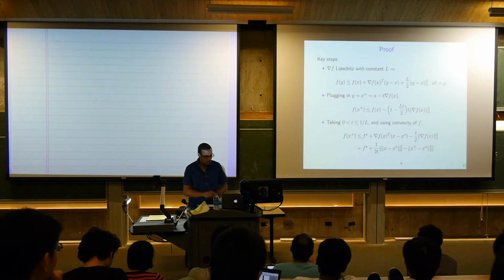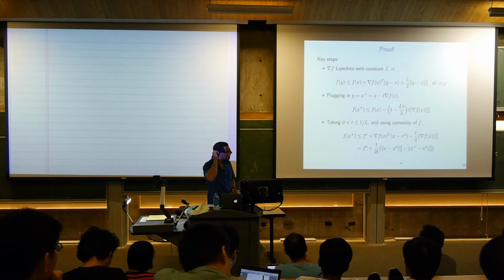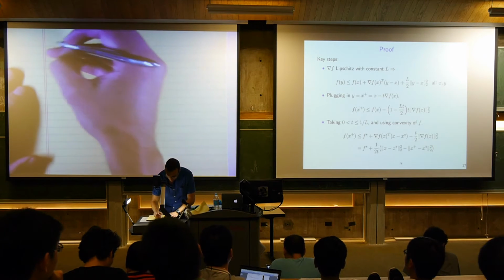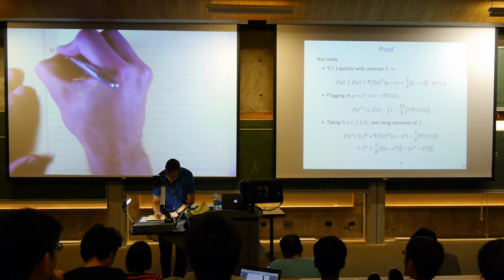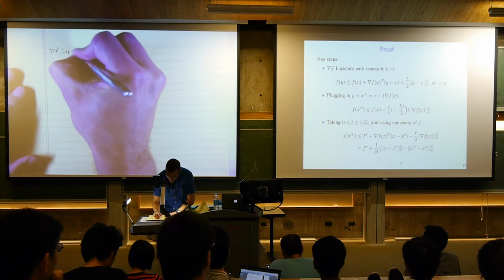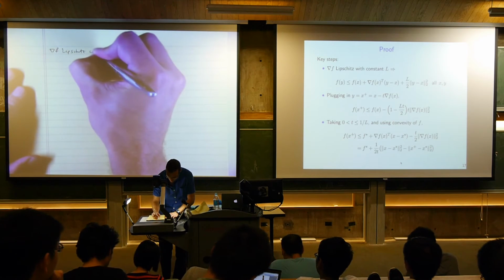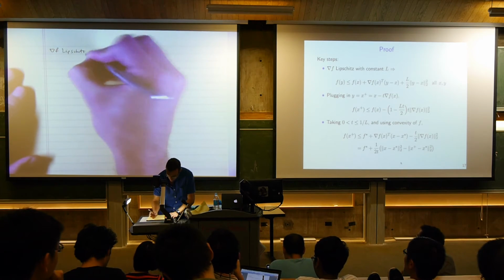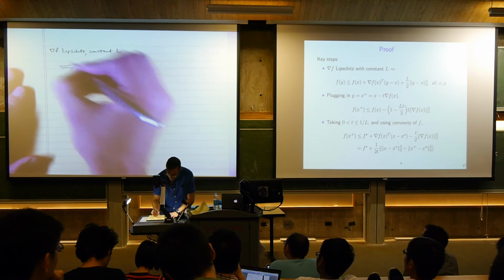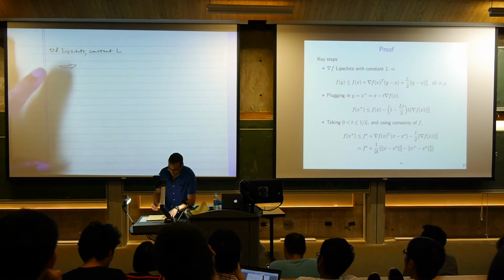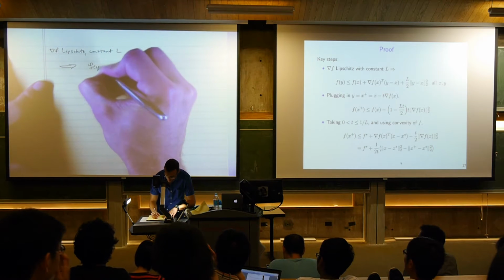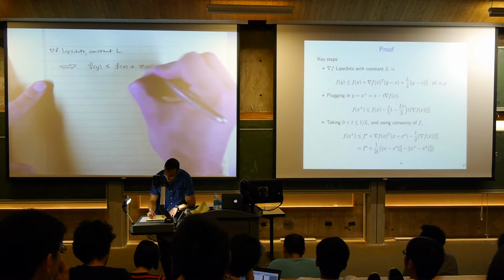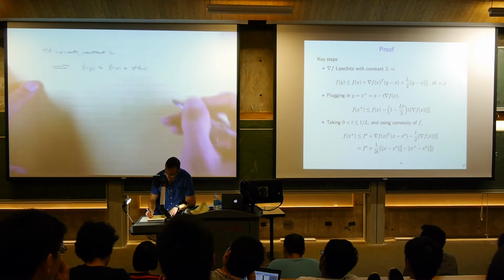I have a proof outline on the slides, but I'll do it in more detail on the piece of paper. The first step that we use is that because grad f is Lipschitz with constant L, we know from homework 1, remember you proved this, that we can upper bound f by a quadratic at any point.